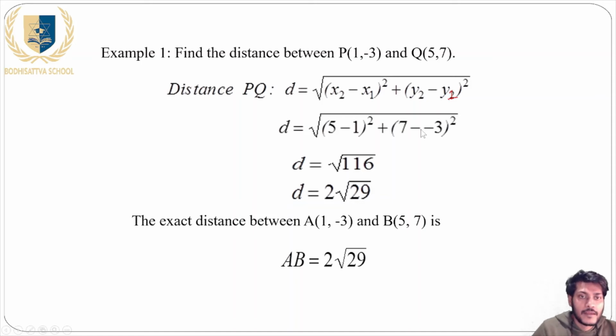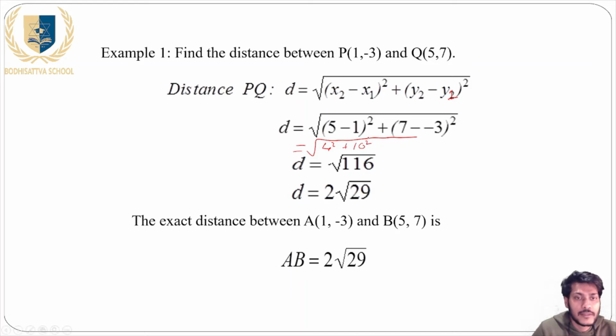So this will be equal to (5 minus 1), that is 4 square, plus (7 plus 3), that is 10 square.